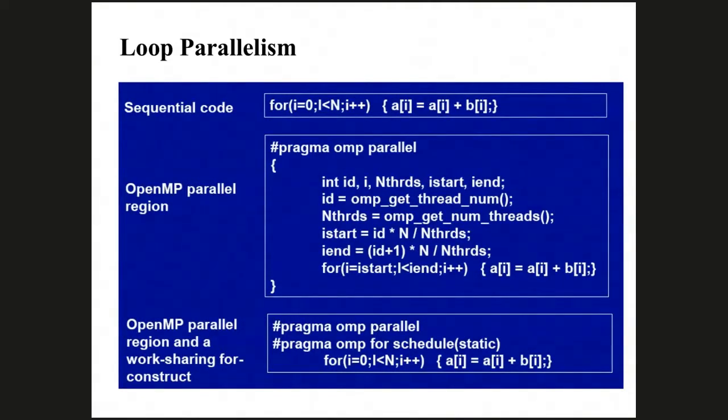Without any change to the loop itself, you just add a parallel for on top of the loop, and then the loop will run in parallel by the number of threads you set up at the beginning of your job.